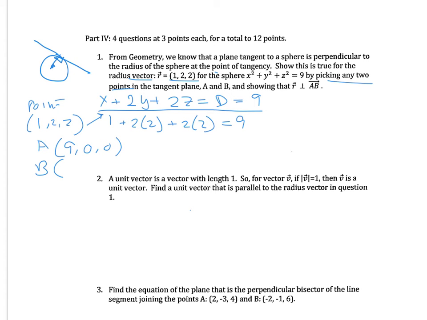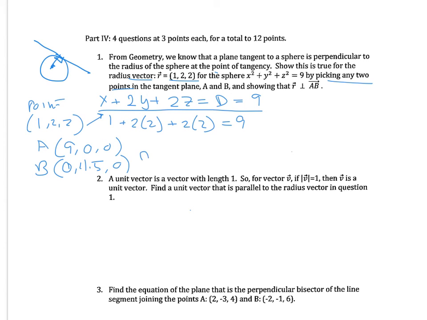For B, we could find the y-intercept: y equals 4.5. Oh, we get a decimal, but let's go for it. So 0, 4.5, 0. Those are 2 points, and if you plug them into the plane equation it works, so they lie in the plane.